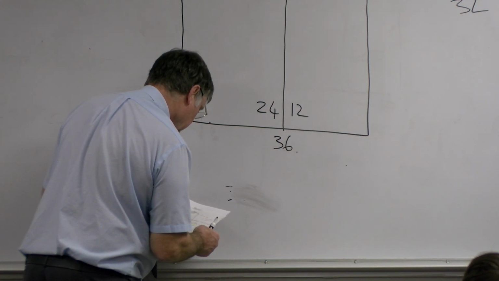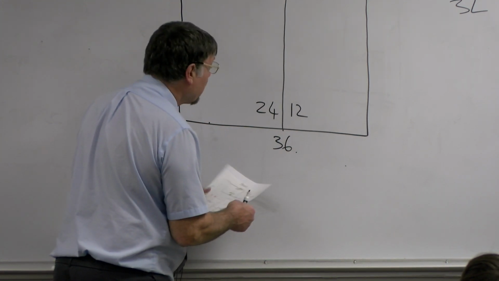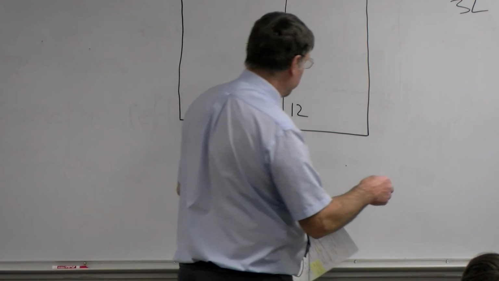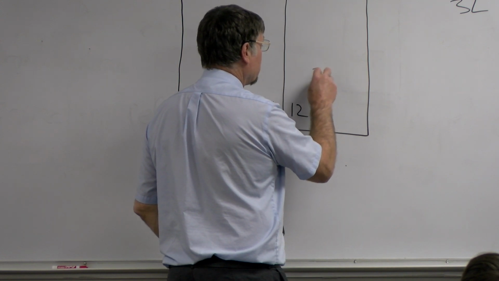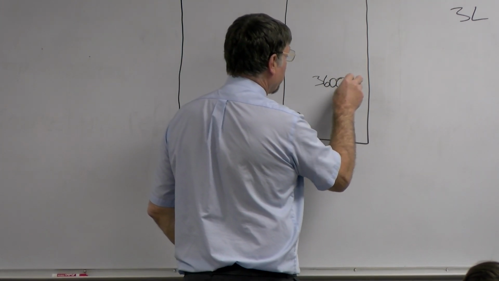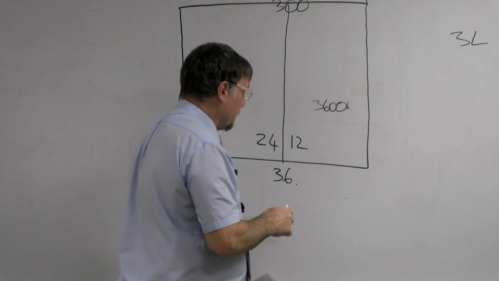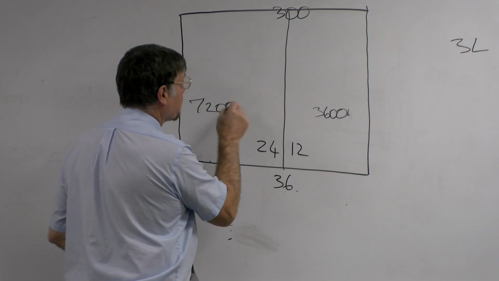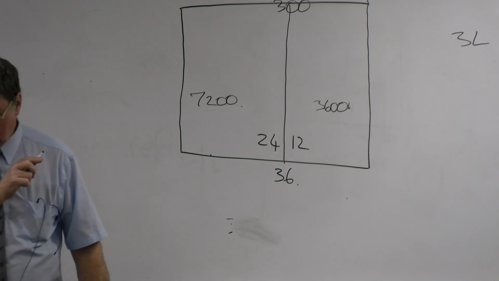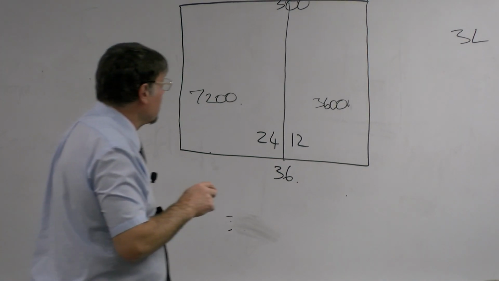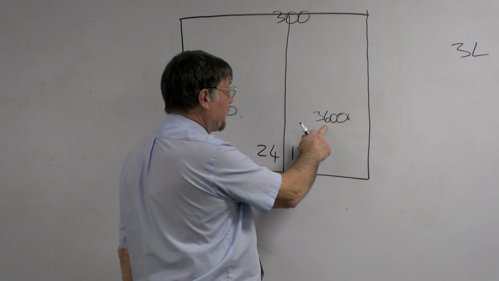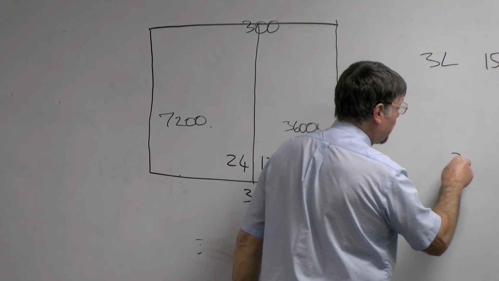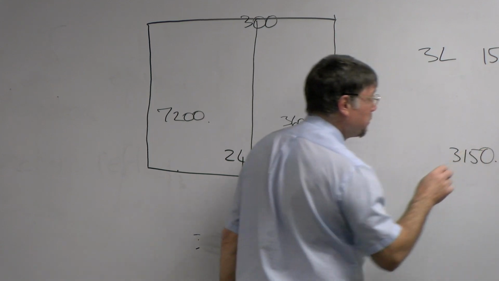Okay. Oh, ECF osmoles. So 12 times 300 is 3,600. So there's 3,600 milliosmoles here, right? And there should be 7,200 milliosmoles here. Yes? Okay. So it's 3,600 minus 450, which is 3,150, the new number of milliosmoles.